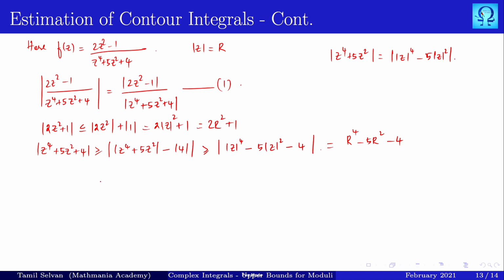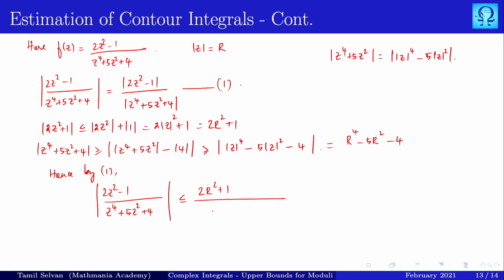Okay, so hence by 1 we get absolute of 2z squared minus 1 upon z to the power 4 plus 5z squared plus 4 may be written as 2r squared plus 1 upon r to the power 4 minus 5r squared minus 4.